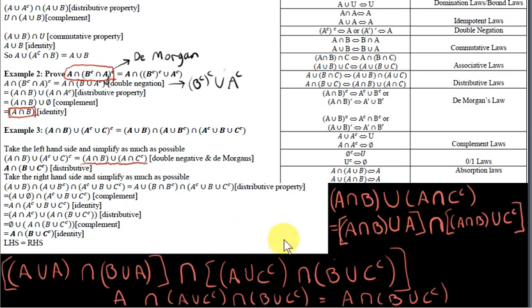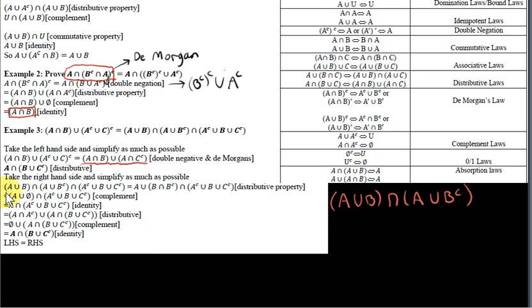The method that's given here is to stop at this point with the left hand side and then just consider the right hand side and simplify the right hand side until hopefully we end up getting this expression here. Let's look at just this bit first and apply the distributive property. So treat A union with B as a single set, and we want to intersect it with the union of these two sets. So we're using this distributive law here, A intersecting B union with C. So we intersect A with B and then we intersect A with C and we unite the two sets.